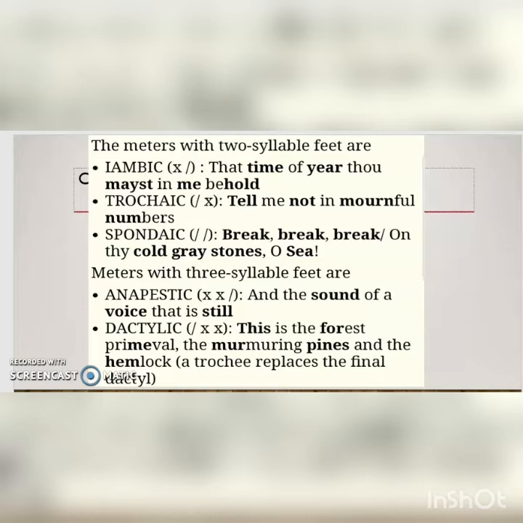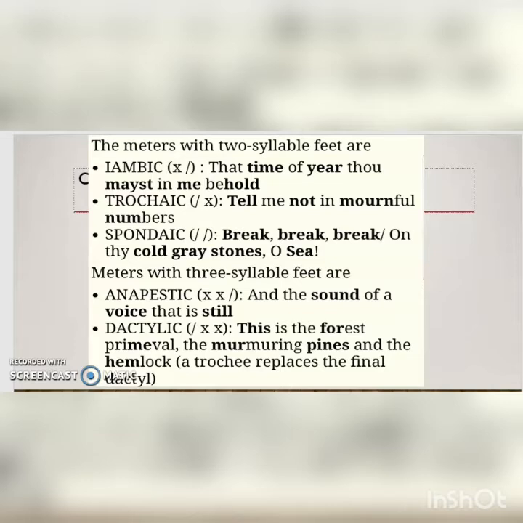This cross sign shows that the syllable is unstressed, and this oblique symbol shows that it is stressed. For example, I read it out like this, break, break. Both syllables are stressed. So this is spondic.